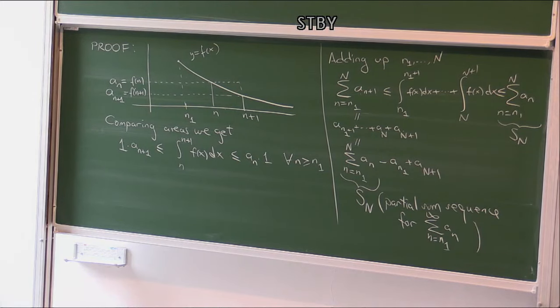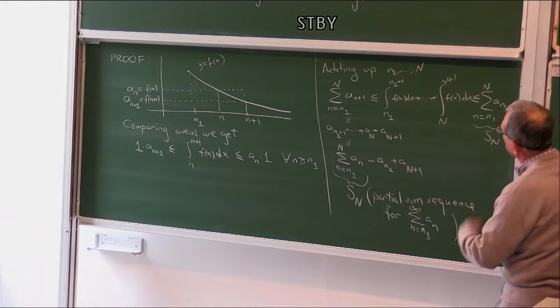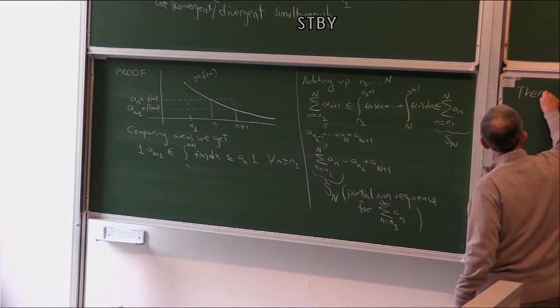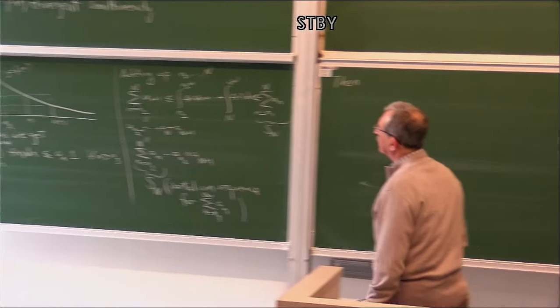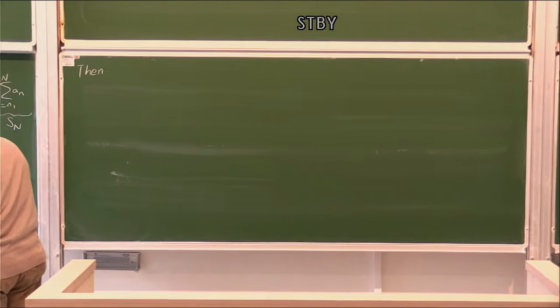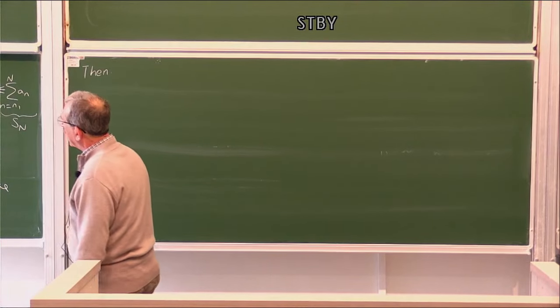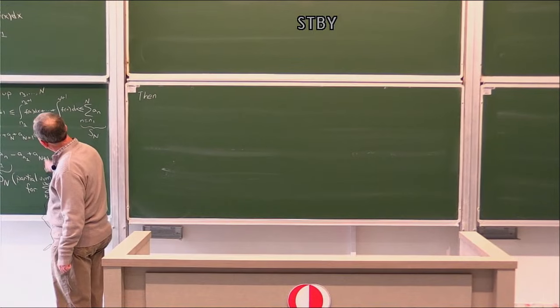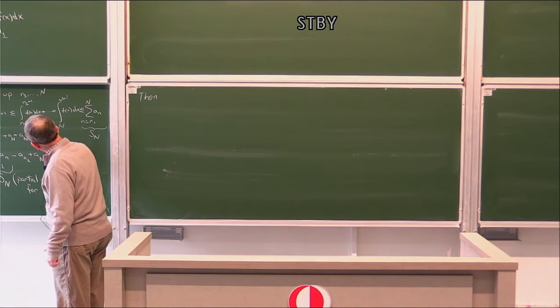Now, this, of course, in this new notation, says the following. Then we have here Sn minus some term, but of course a_{N+1} is f of N+1, so it's a positive number.